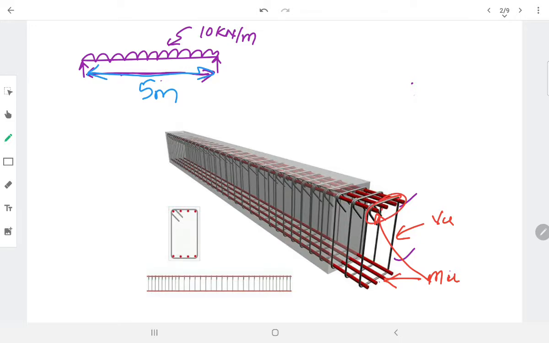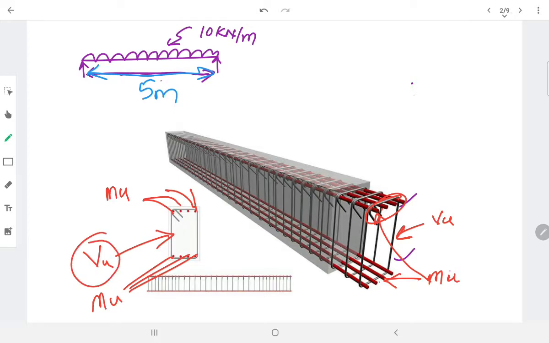Whatever the shear force is, this is Vu. So Mu is resisted by these reinforcements, and Vu is resisted by the shear reinforcement.